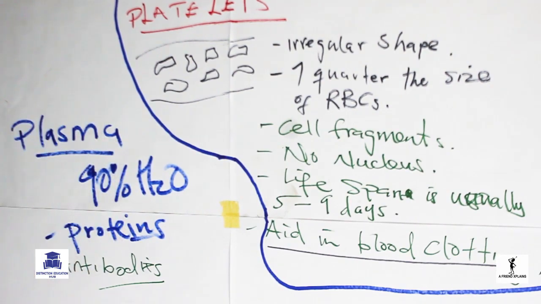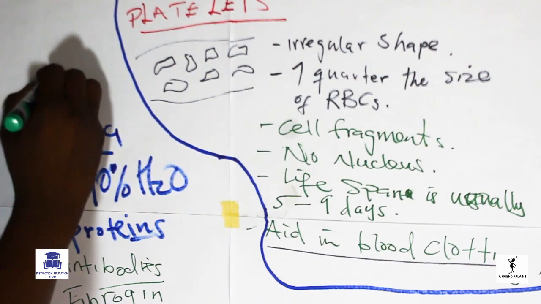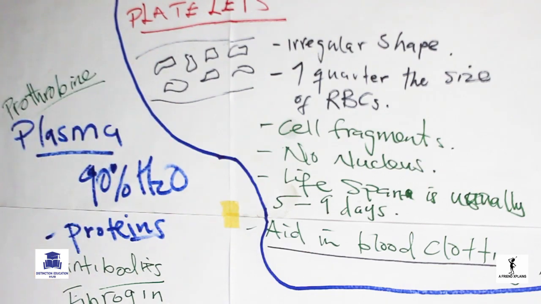We have fibrinogen, another protein found in the plasma. We also have prothrombin. I'll talk about these proteins when we look at blood clotting, right?